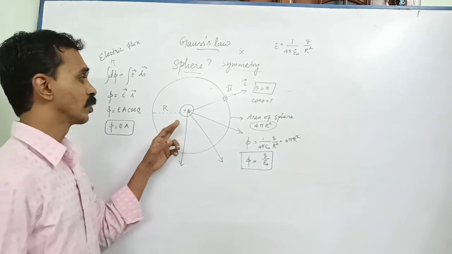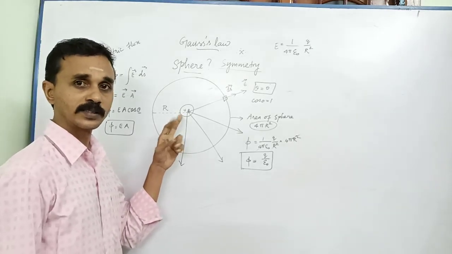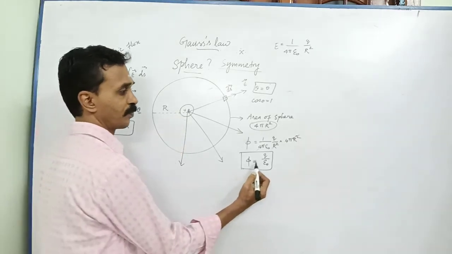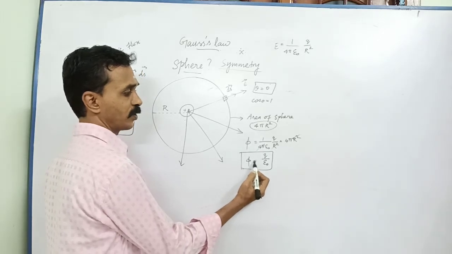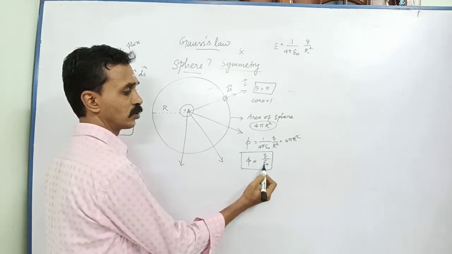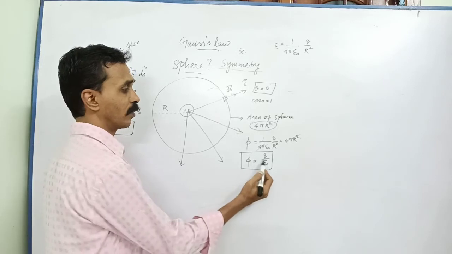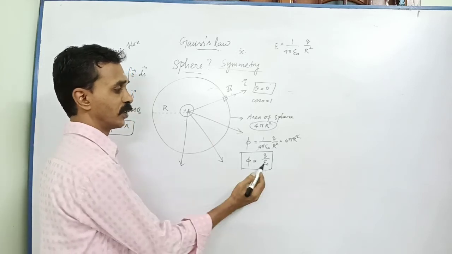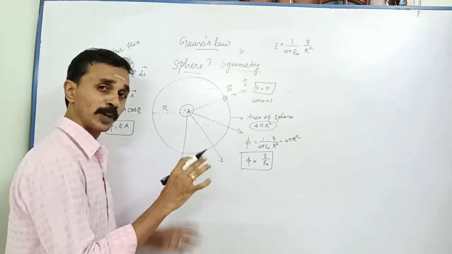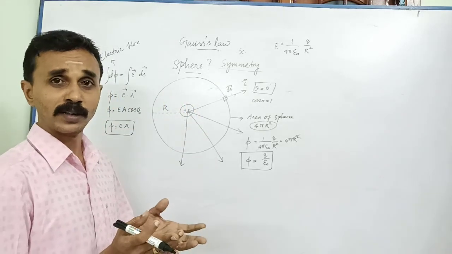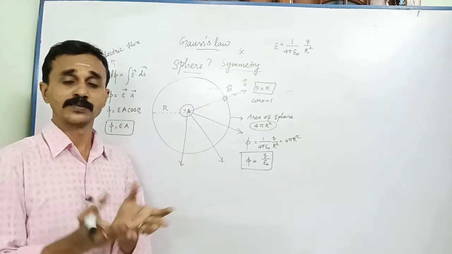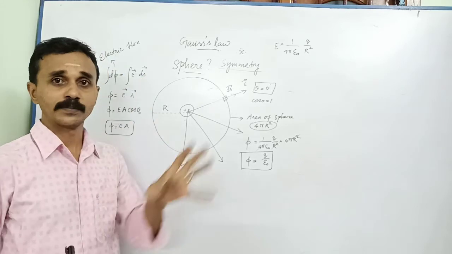But here I am going to consider the isolated charge which is kept at the center, and therefore the total flux depends on the net charge enclosed within that surface divided by the permittivity of free space, because I am considering spherical symmetry in 3-dimensional space filled with air or vacuum.